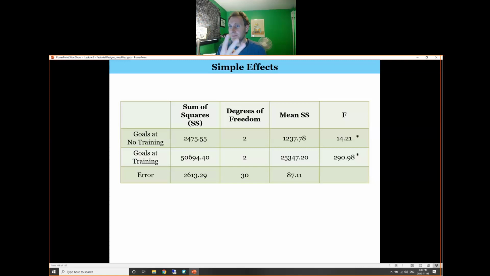But now I have 3 means, right? I have the effect of goals at no training, and now I'm comparing no goals to do your best goals to difficult specific goals. So this omnibus tells me that within the no training condition, at least 2 of those means are different, but I don't know which ones. I'm in the same boat as I was before with the one-way ANOVA.